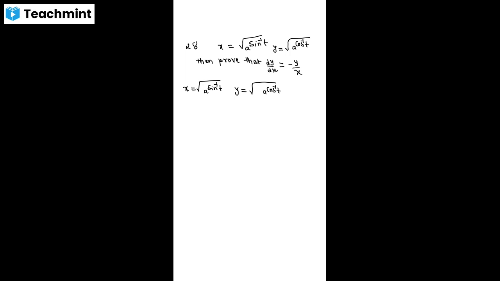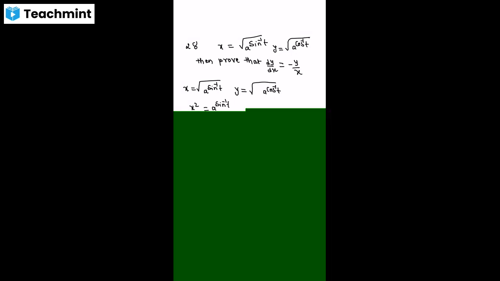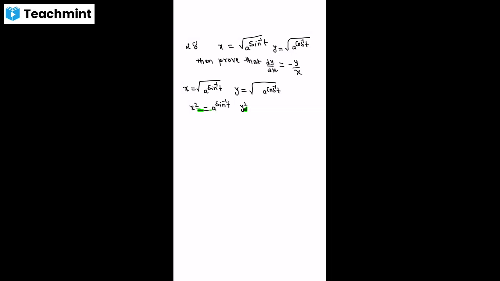Square on both sides: x square is equal to a raised to sin inverse t, and y square is equal to a raised to cos inverse t. We know the property of indices and also inverse trig. Here you have to multiply, then only is it possible to add. So let me multiply them.